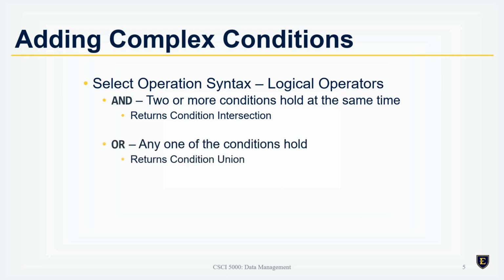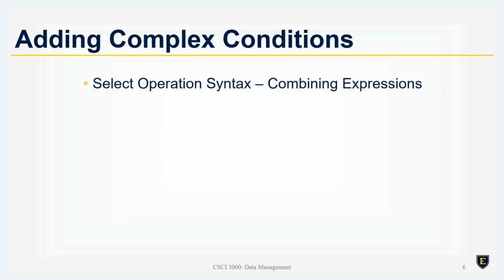You have or, where any of the conditions hold. It's the union of the two. And then not negates the result of an expression. When you start combining these expressions, you can come up with some more significant and more complex SQL statements.